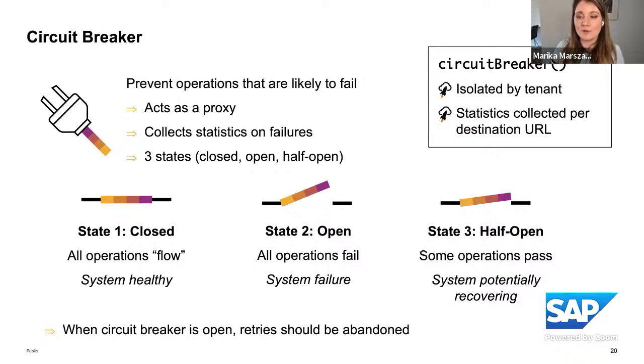It's generally about operations. If you look at the operation and it fails, then it will go back to the open state. And from this state, again, it will give the system a bit of time to recover and try again with the half open state. So obviously, if you have a circuit breaker and it is open, there should be no retries, and the default implementation of the SAP Cloud SDK also takes care of that.